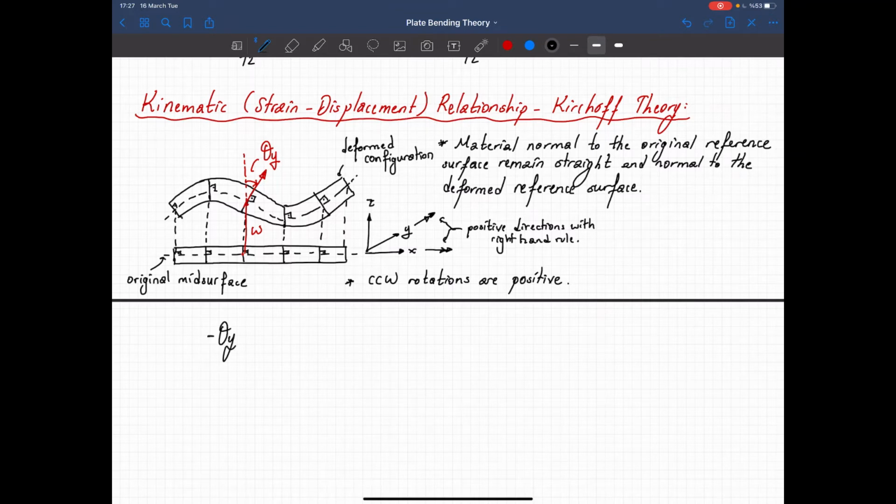So minus theta y will be equal to, since the plane sections remain plane and normal to the reference frame, I can directly write that the slope of the mid surface of the deformed configuration should give me the rotation. So in other words, theta y must be equal to del w with del x. So here we are saying that rotations are equal to the slope of the mid surface.